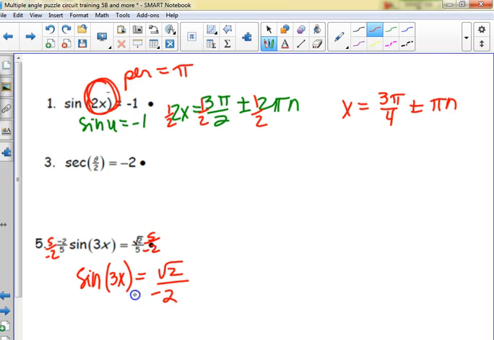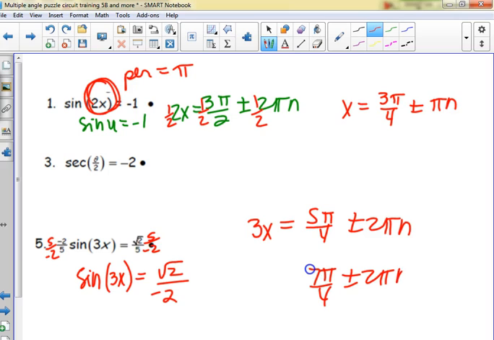Okay, where is this true? This value occurs in 2 places. Sine, right? So 5 pi over 4 plus or minus 2 pi n and 7 pi over 4 plus or minus 2 pi n. Okay, what am I going to have to do this time to those, though? Divide by 3 or take 1/3?